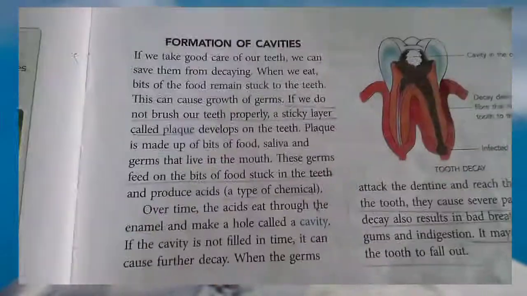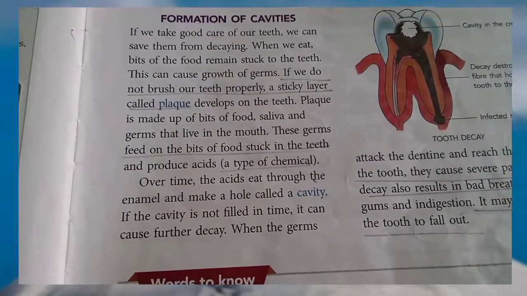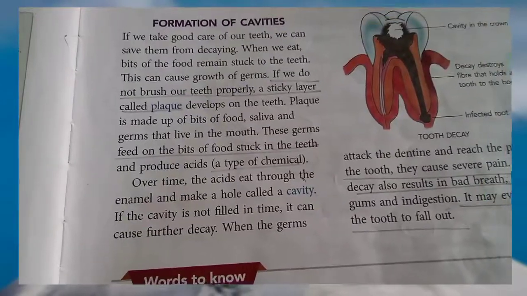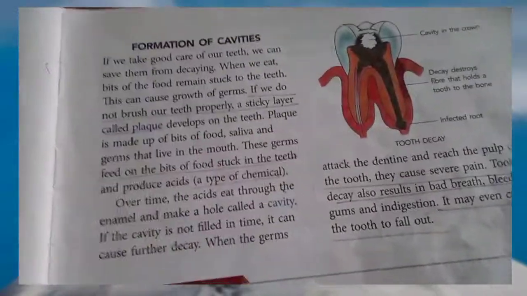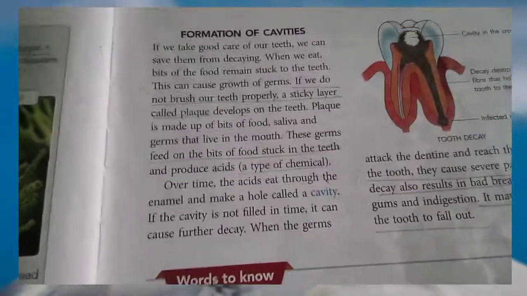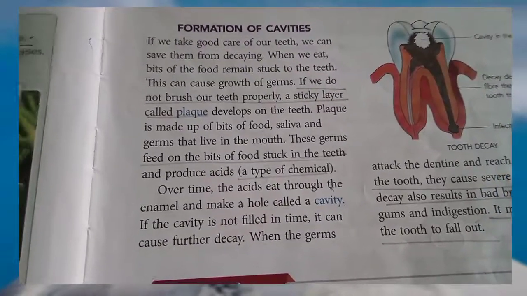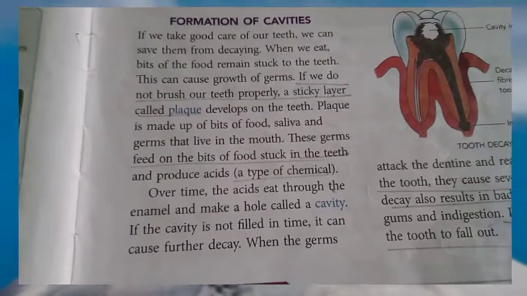Next is the formation of cavities. If we take good care of our teeth, we can save them from decaying. We eat rice, sweets, sugar, right? When we eat, bits of food remain stuck to our teeth. This can cause growth of germs.